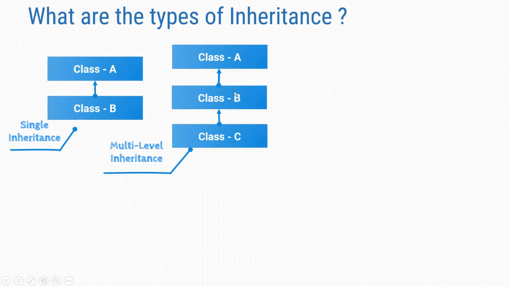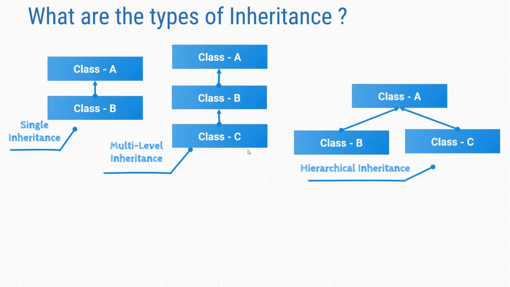Since B is derived from A, the C instance will have access to both classes A and B. So C will have its own properties and methods, and also access to all the above-mentioned classes A and B. Okay, so that is multi-level inheritance.